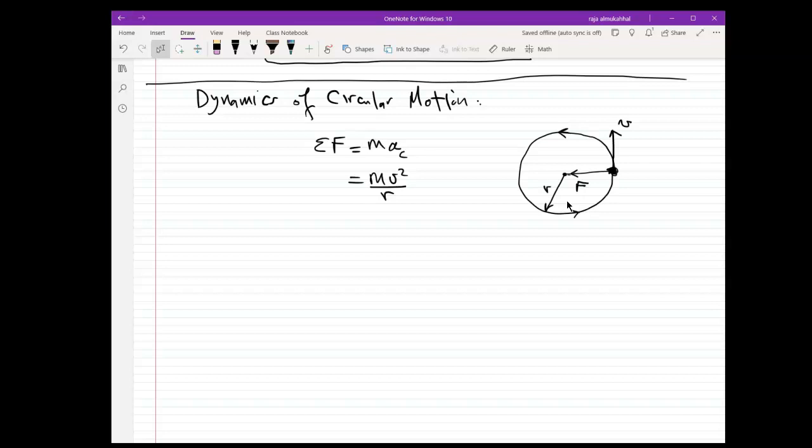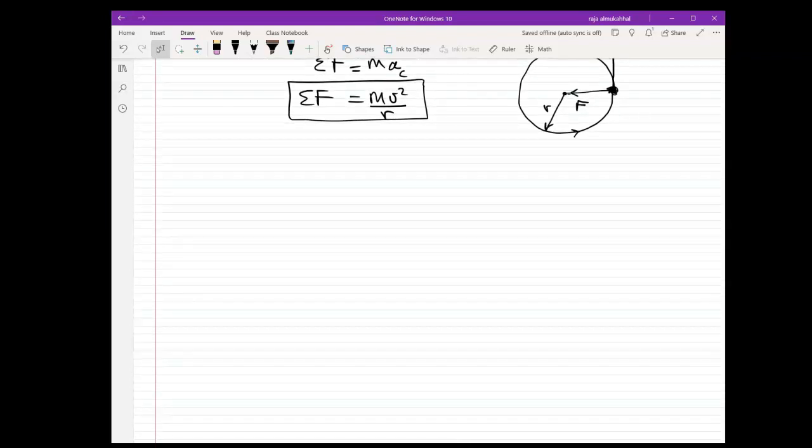And so there we go. This is basically the equation that governs such motion. I'll give you an example. I'm going to give you a bunch of examples.